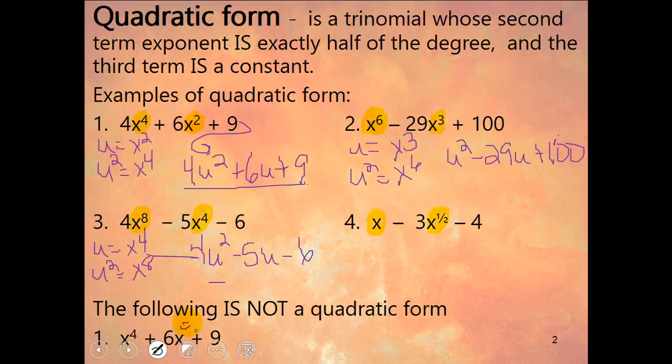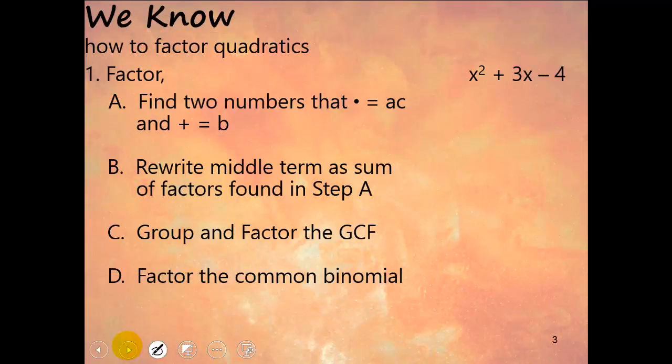All right, now let's remind ourselves how to factor a quadratic. We're looking for 2 numbers that multiply together to give me a times c, which is -4. So it multiplies to equal -4 and adds to 3.